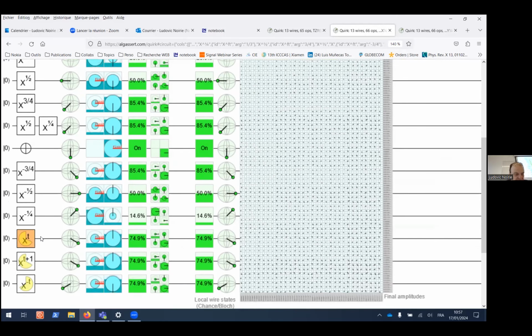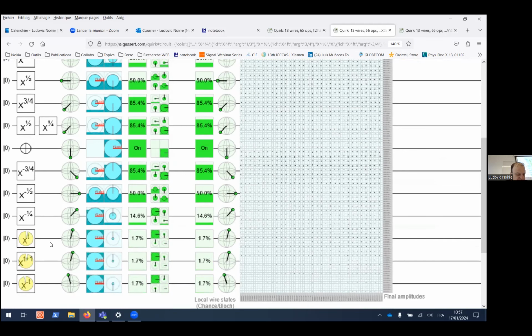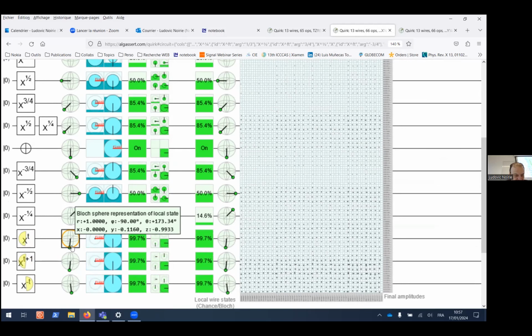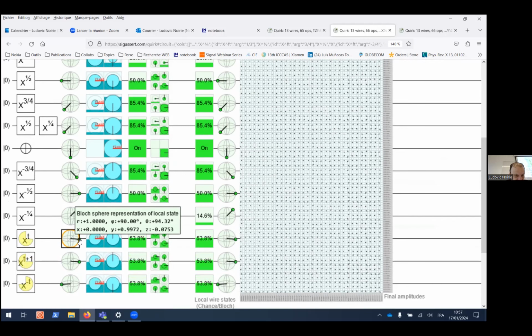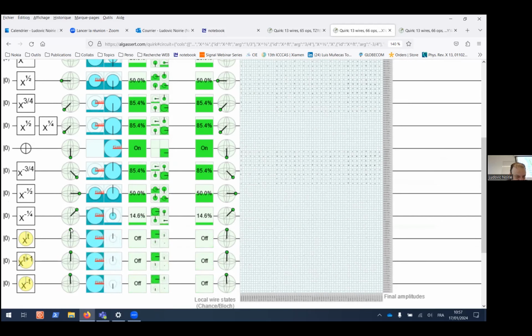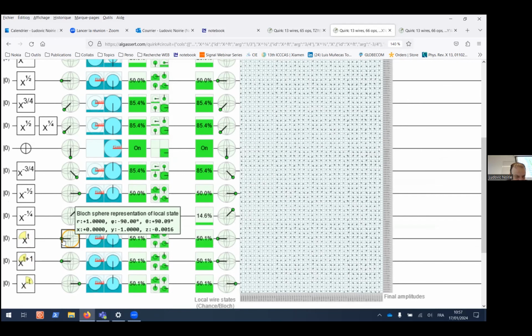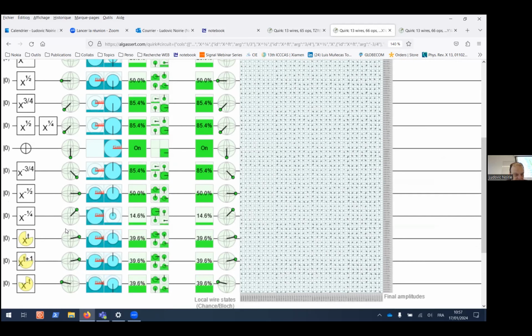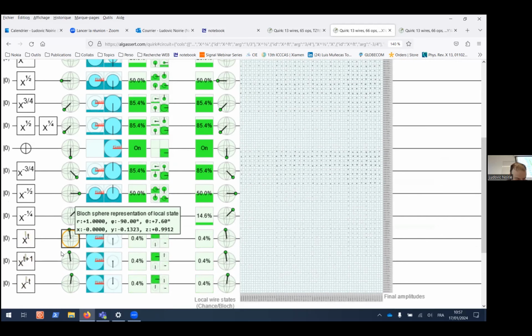If you use X to the power t and change t from 0 to 1, you see the vector on the Bloch sphere moving around the circle that is within the plane xy.